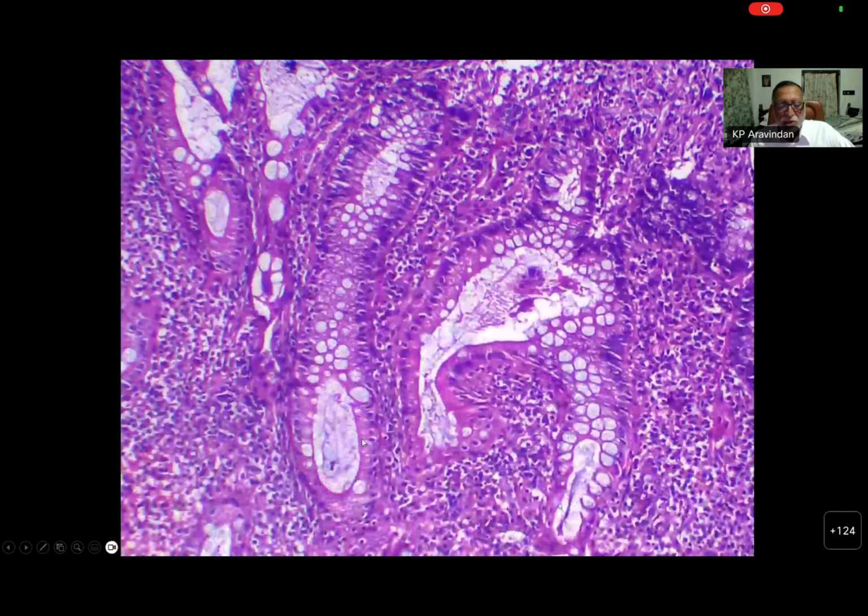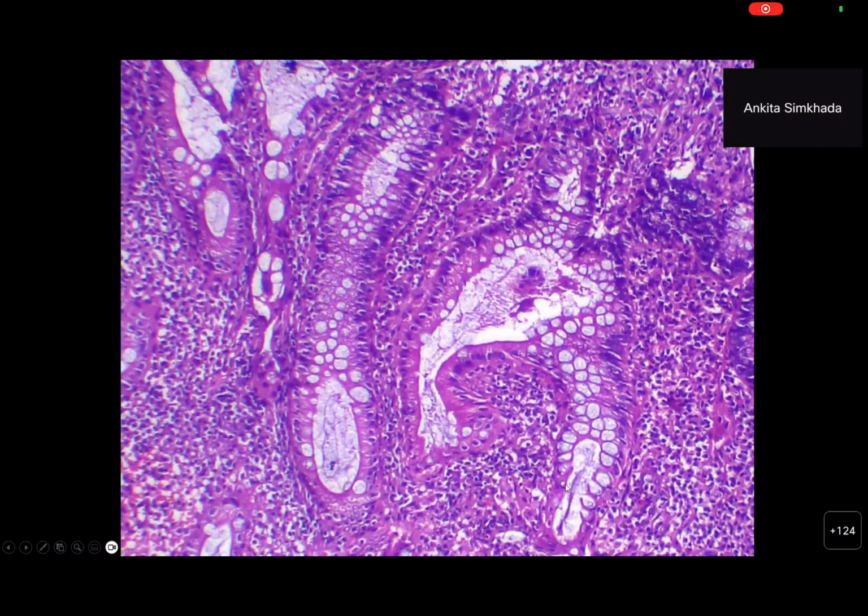And in this picture, what do you see? I see that there is crypt branching. Yeah, very good. So there is colitis and crypt branching, which is again another sign of chronicity. When you find both active as well as such chronic lesions, what is the most likely diagnosis? First is an inflammatory bowel disease. Which one?